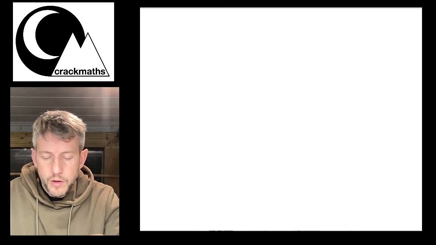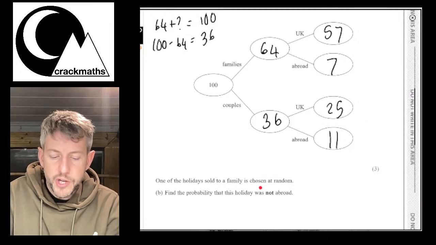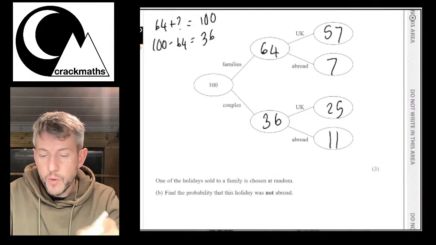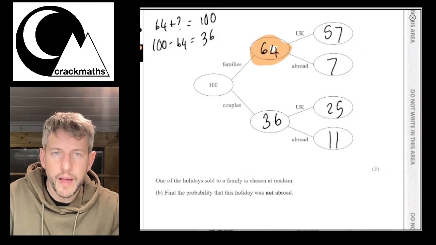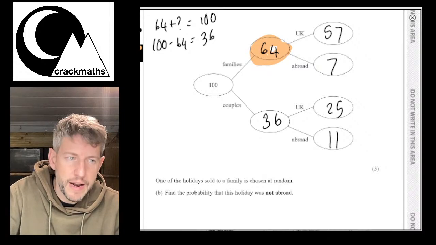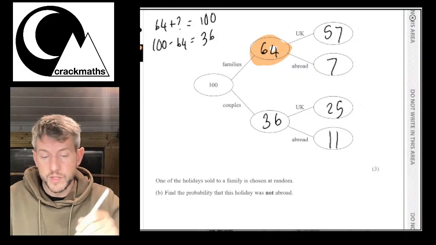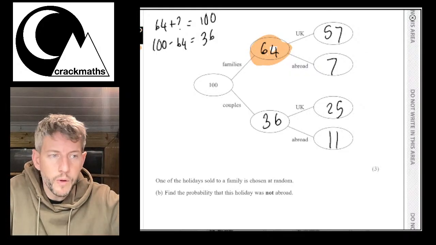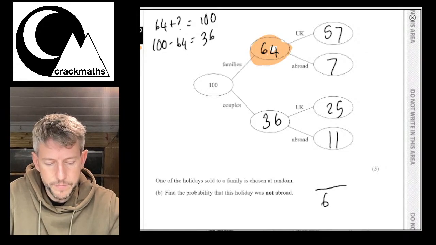One of the holidays sold to a family is chosen at random. So we're only looking at the family holidays, let's be very clear about that. Find the probability that the holiday was not abroad. If we're looking only at these 64 holidays, that's our base.